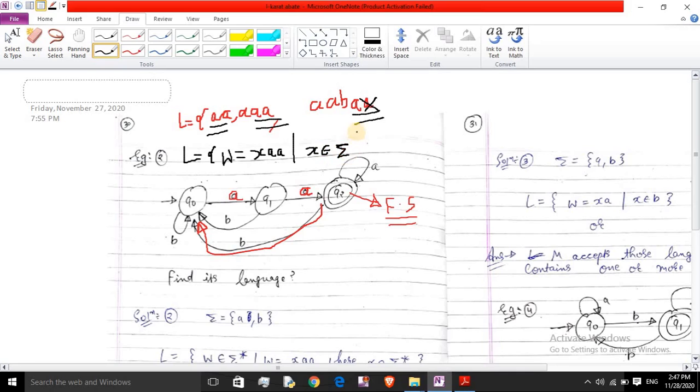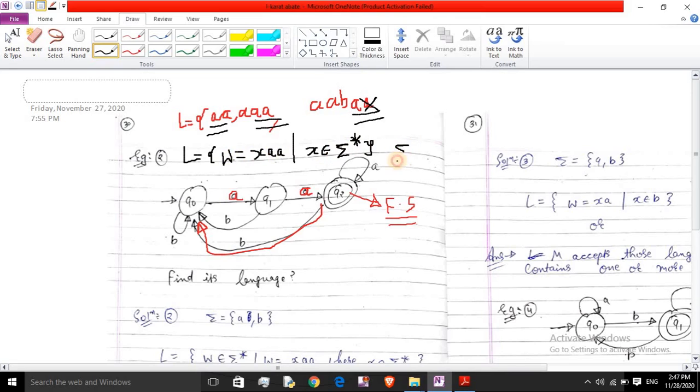X can be anything. It can also be an empty string. So this is the best representation in a mathematical form, in a very clear and crisp form. We have a word. It will accept all the words x double A such that x belongs to sigma star.